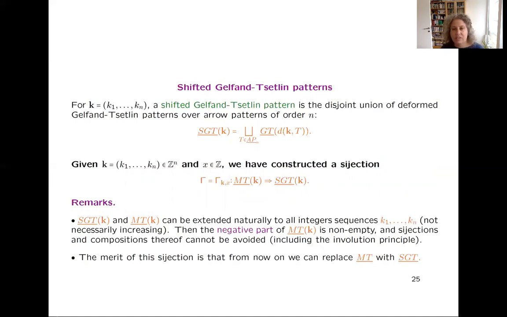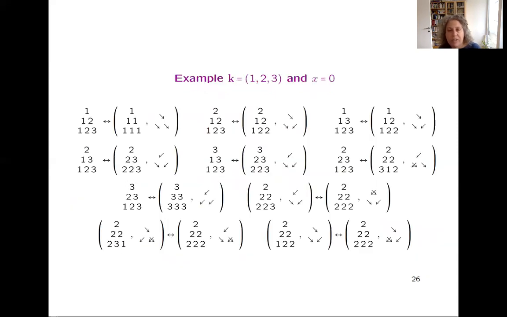It turns out that one can construct a surjection from monotone triangles to these shifted Gelfand-Zetlin patterns. What's the merit of this surjection? From now on, we can always replace monotone triangles with these shifted Gelfand-Zetlin patterns, and that turns out to be helpful. Here again, this surjection is coded, and here is an example.